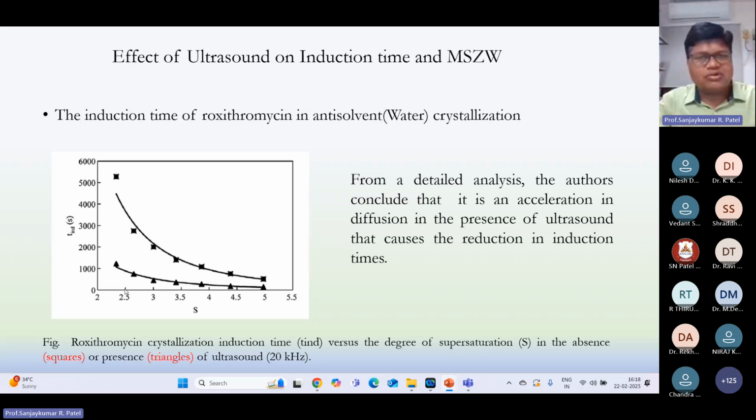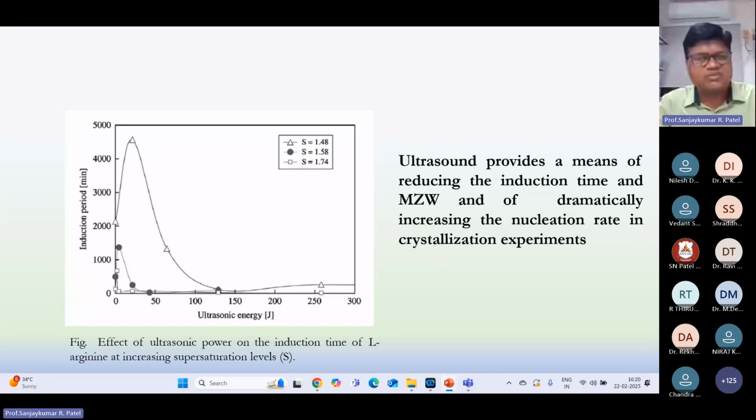So we can finally conclude that with the application of ultrasound energy in the crystallization process, both the induction time as well as the metastable zone width can be tailored. And if we can control this, we have control on the nucleation rate as well as the crystal growth in all crystallization experiments. Therefore, we want to use ultrasound in the crystallization process.